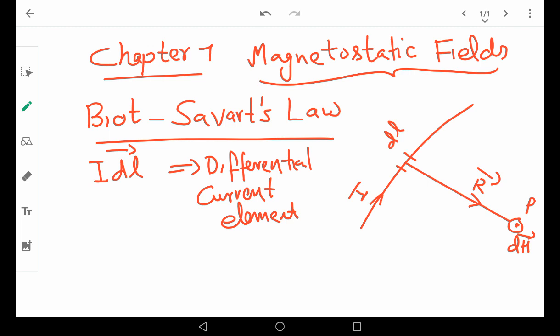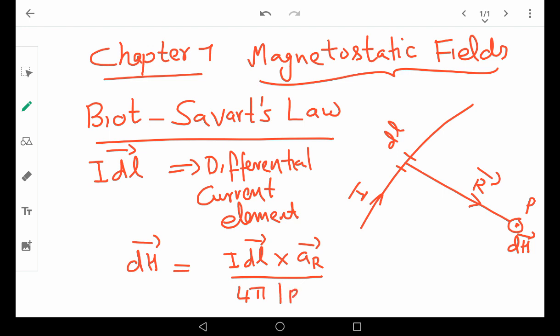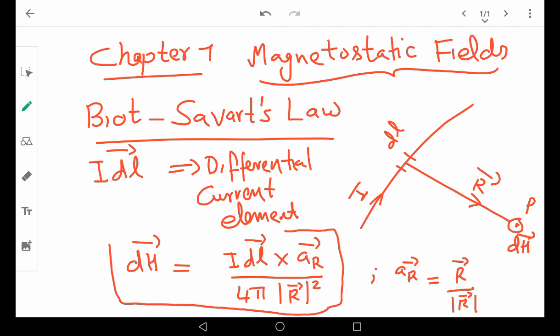It's given by the Biot-Savart's law: dH equals Idl cross aR, divided by 4 pi into magnitude of R square. aR is actually vector R divided by magnitude of vector R. It's the unit vector in the direction of R. Using this law, you will be able to find out the magnetic field at any point.